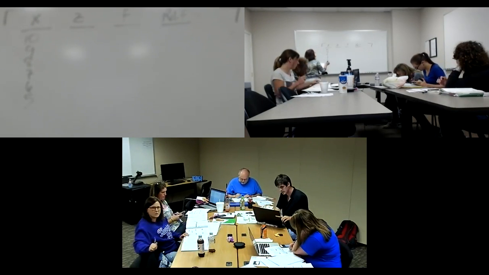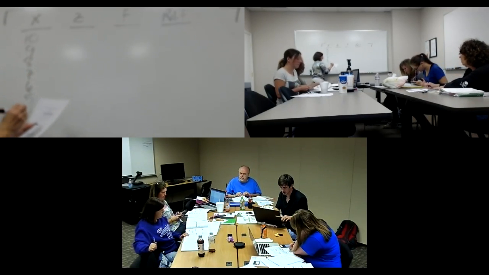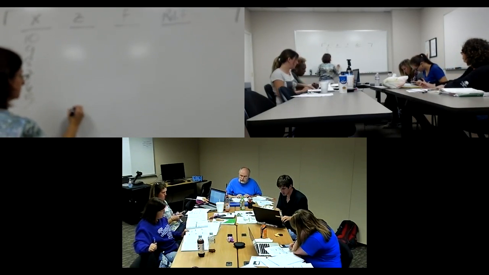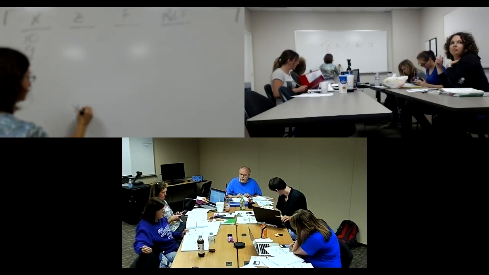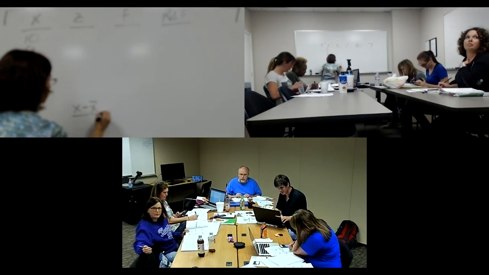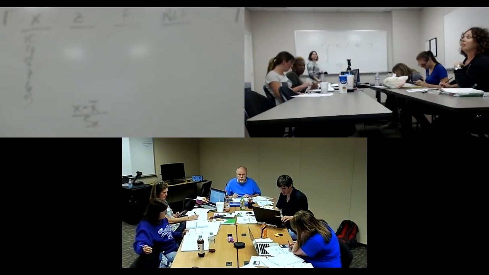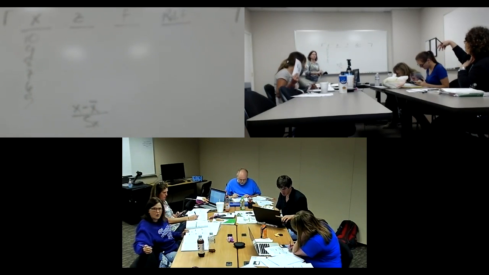I'm confused. It's on the slide. On the bottom of the slide. No, but I don't know what this means. It's really blurry. Right, that got really blurry, didn't it?